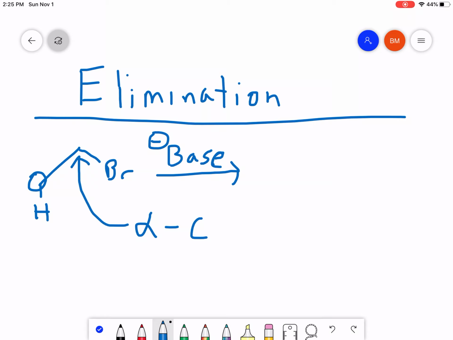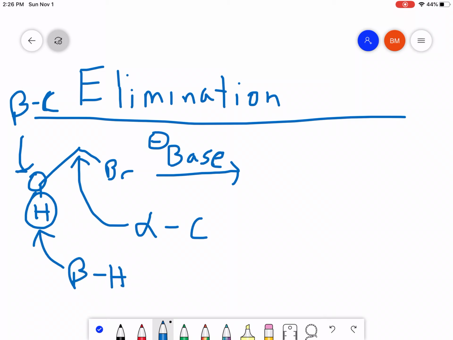Any carbons that are directly adjacent to the alpha carbon, and in this case we have only one, will be called a beta carbon. We can have more than one beta carbon in an alkyl halide, and I'll show you that in just a minute. Also, any hydrogens that are attached to beta carbons are referred to as, you guessed it, beta hydrogens.